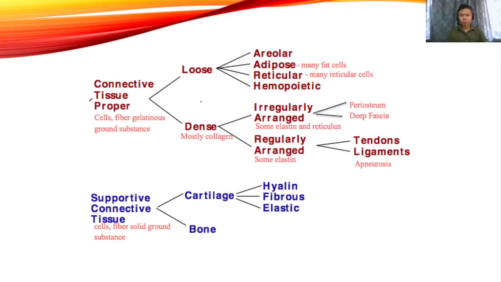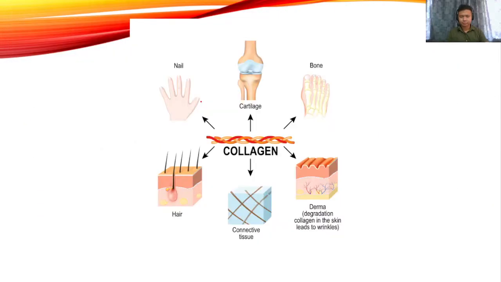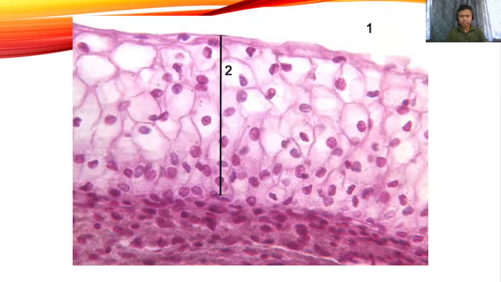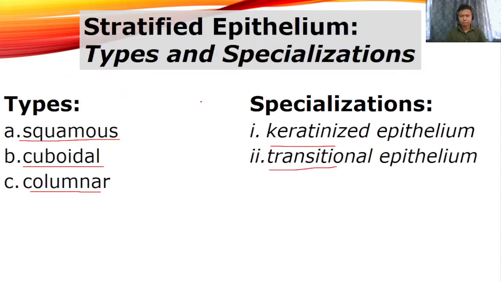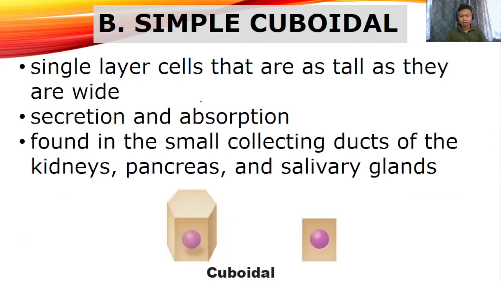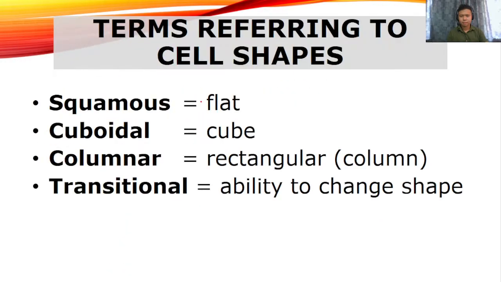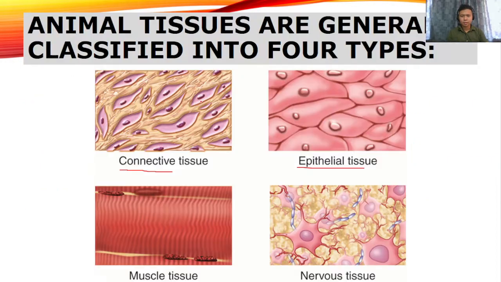To review, we have connective tissues, epithelial tissues, muscle tissues, and the nervous tissues.